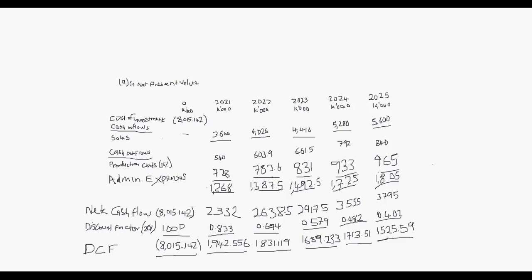Then we have 1831.119. We have 1689.233, 1713.51. Lastly, 1525.59. Okay, so we use these figures.